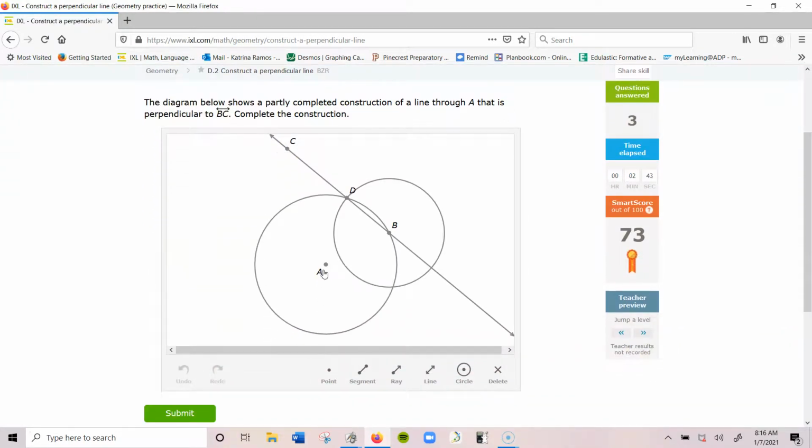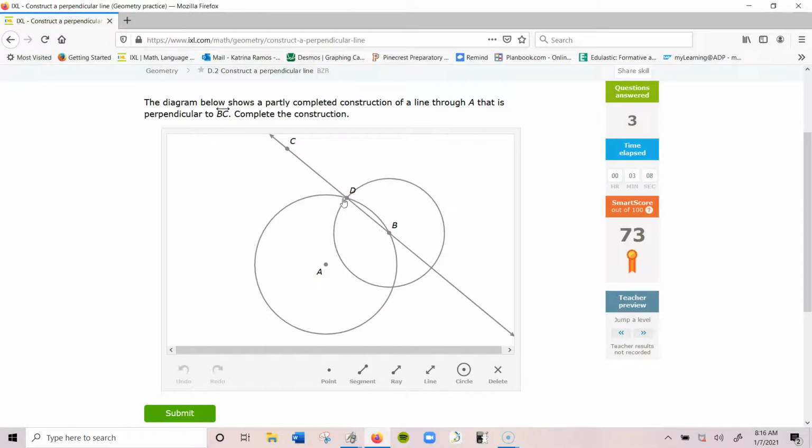Okay, so this is where A is outside of the line. So you're going to have a big circle that connects A to B or D, whichever one, and it creates this circle here, the big one. So now what they've done is created a circle where the center is at B, and it uses the radius of the points of intersection of that big circle that's on this line.